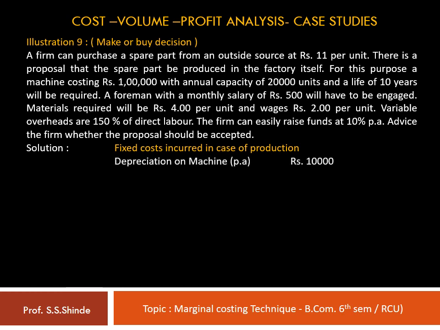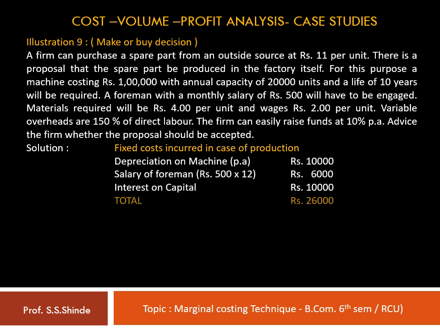Depreciation on machine per annum would work out to 10,000 rupees. Salary of foreman at the rate of rupees 500 per month would work out to rupees 6,000 per annum. The interest on capital for the fund raised at 10% per annum would work out to rupees 10,000. So the total fixed cost that would be incurred if the company produces this particular spare part.